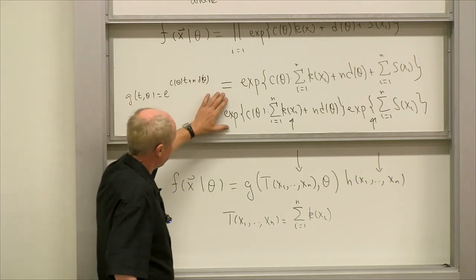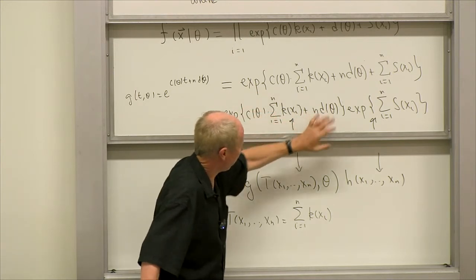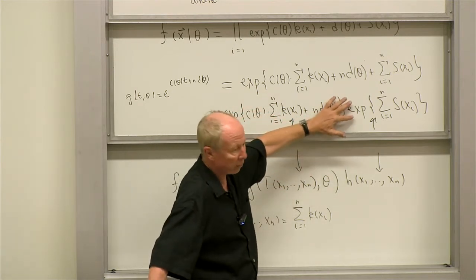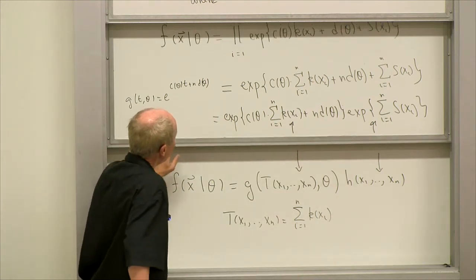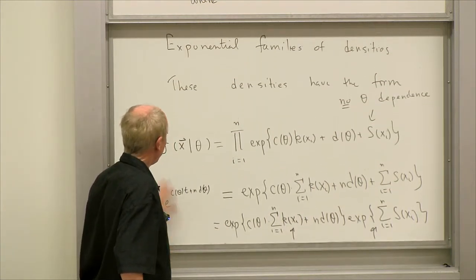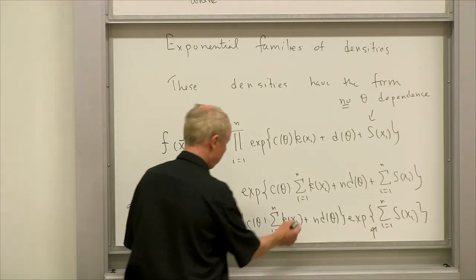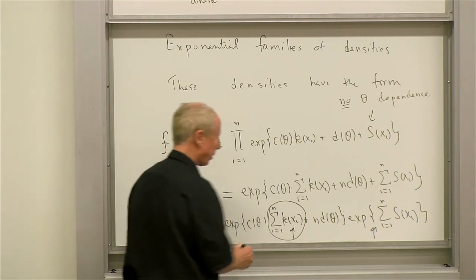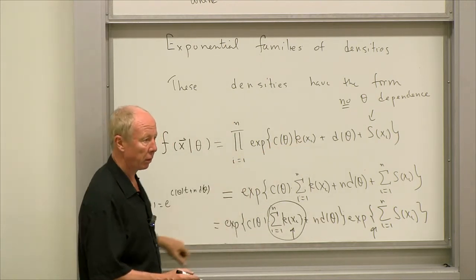Okay, so this is a function of the data through this and the parameter, and this is a function only of the data, no parameter. So by the factorization theorem, for an exponential family, this sum is a sufficient statistic. Or this is the thing that appears here.